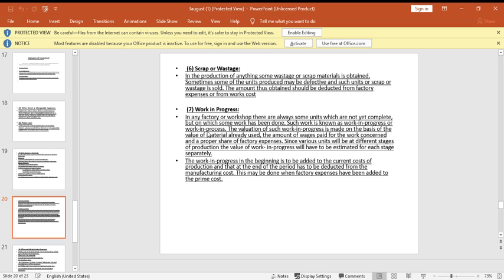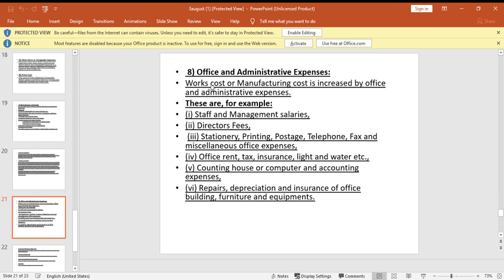And coming to work in progress, generally in any factory some work is going on, so that is also called work in progress or work in process. So the work in process in the beginning is to be added to the current cost of production, and at the end of the period it is to be deducted from the manufacturing cost.